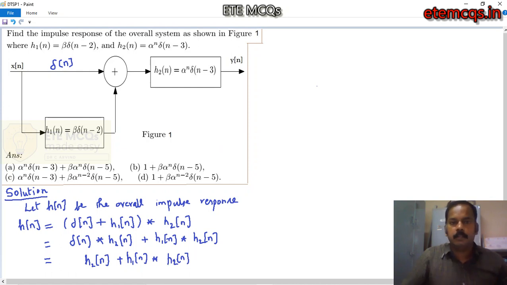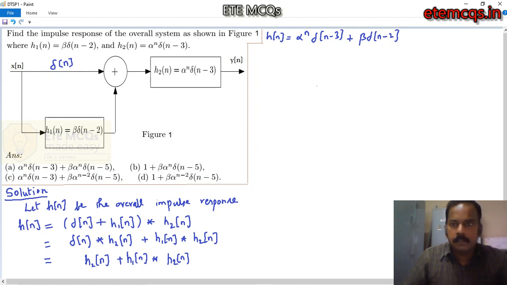Now what is the overall h of n? Let us write it in terms of the right hand sides we have. h of n is equal to, what is h2 of n? h2 of n is alpha power n into del of n minus 3, plus h1 of n, which is nothing but beta into del of n minus 2.